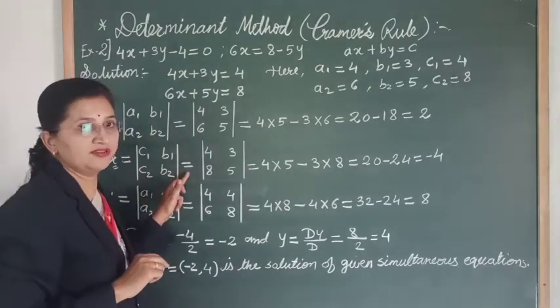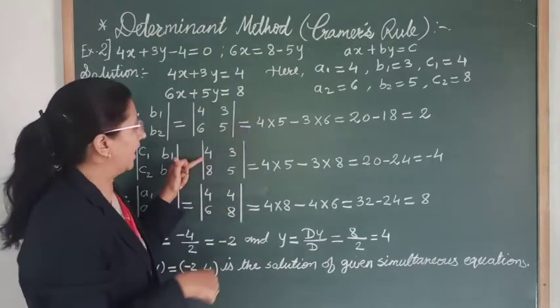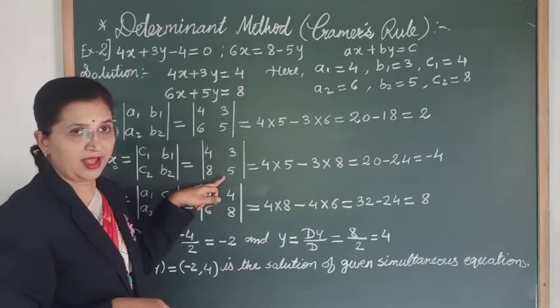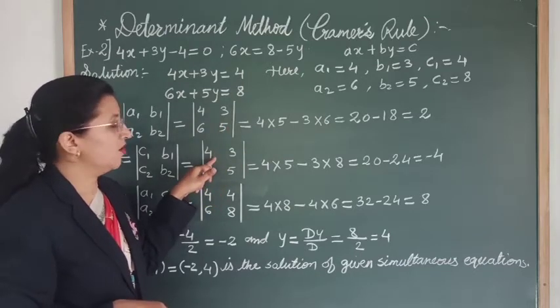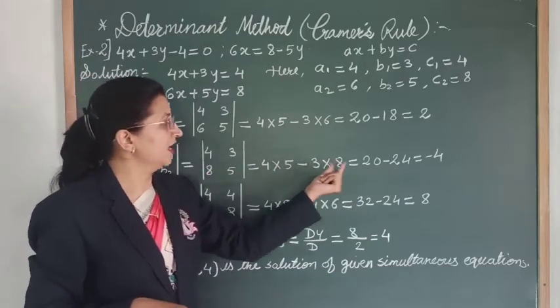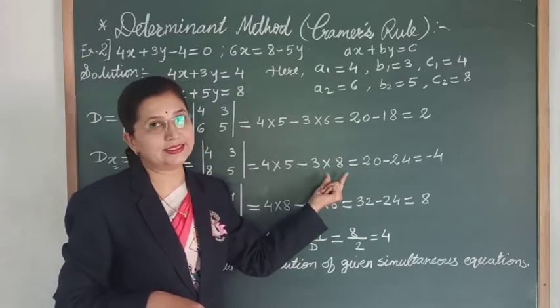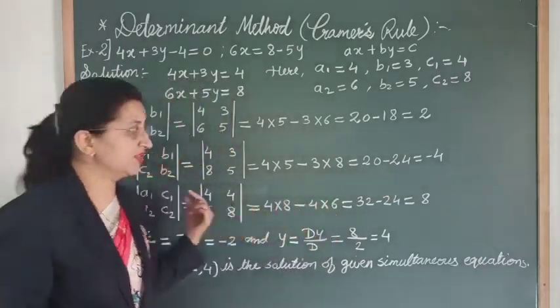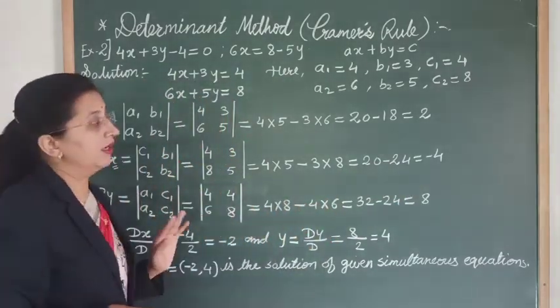So let's put the values of c1, c2, that is 4 and 8, and b1, b2, 3 and 5. So let's take the cross multiplication. 4 into 5 minus 3 into 8. 4 5s are 20 minus 8 3s are 24. 20 minus 24, that is negative 4. So the value of dx is negative 4.